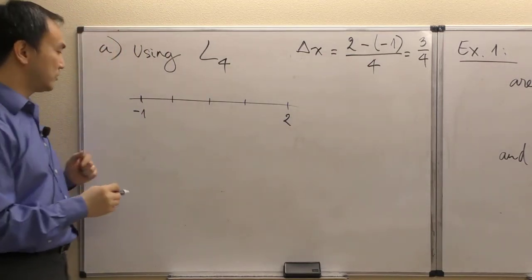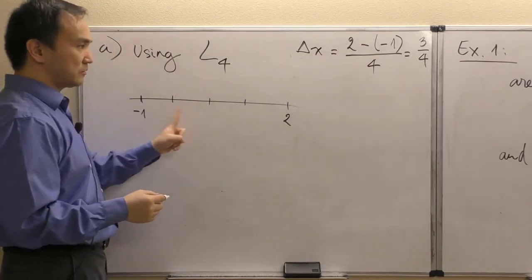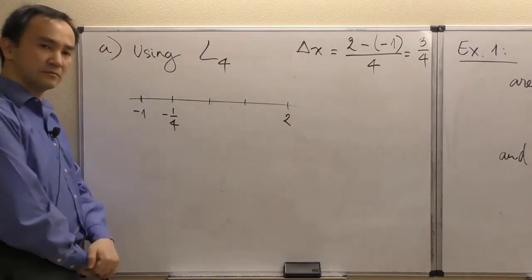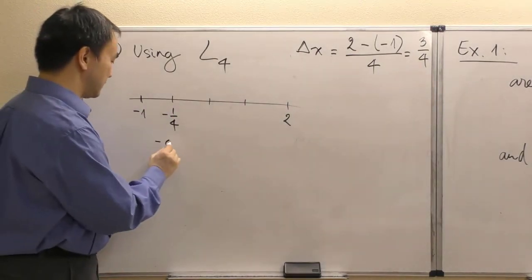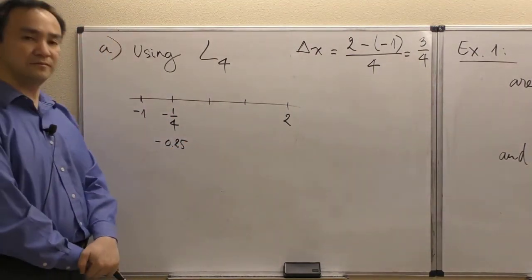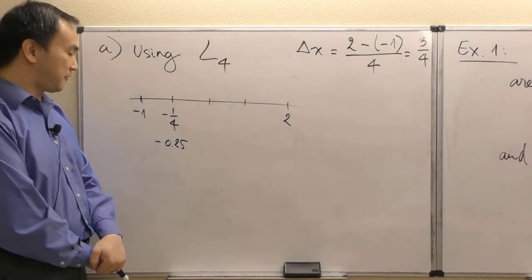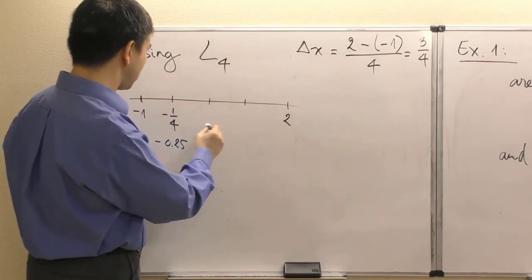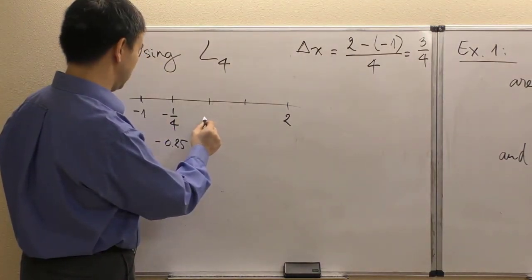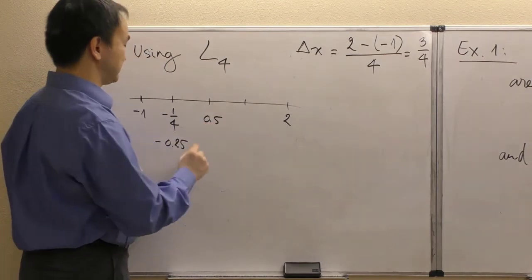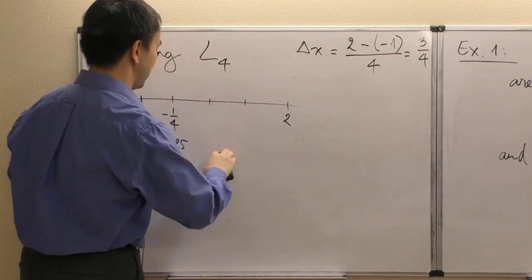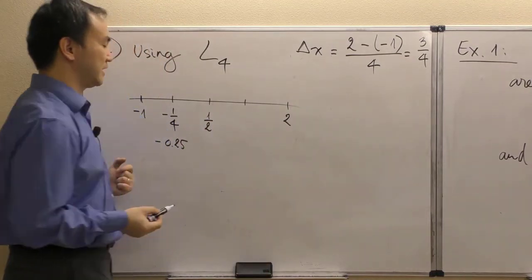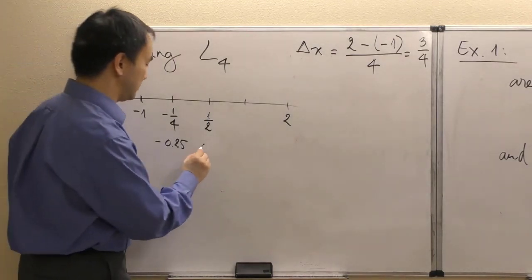All right, so now we can do a little calculation. We add 3/4 to this, right? That gets me -1/4, that's my partition point, or -0.25 if anyone is more comfortable with decimals. And then right here, it's 1/2, or 0.5.